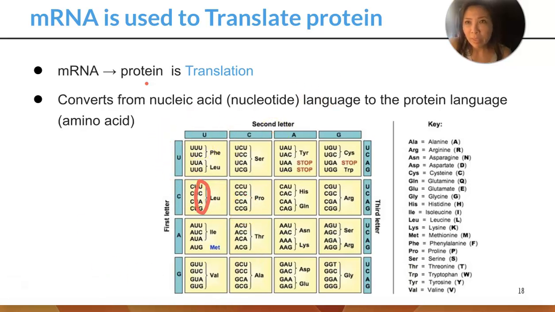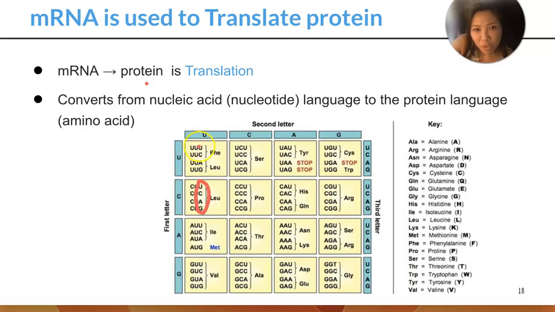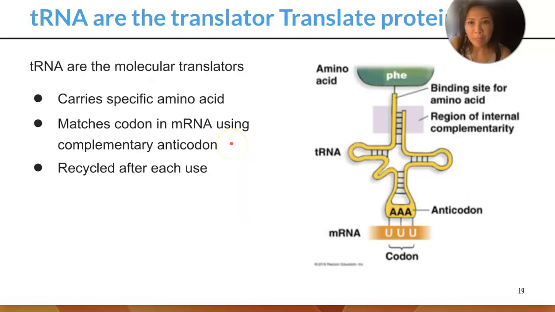So here we're looking at UUU or UUC, right? So it's looking for that sequence, UUU. Well, in order to find that sequence, it has to be complementary to that. So up here it's going to be AAA.